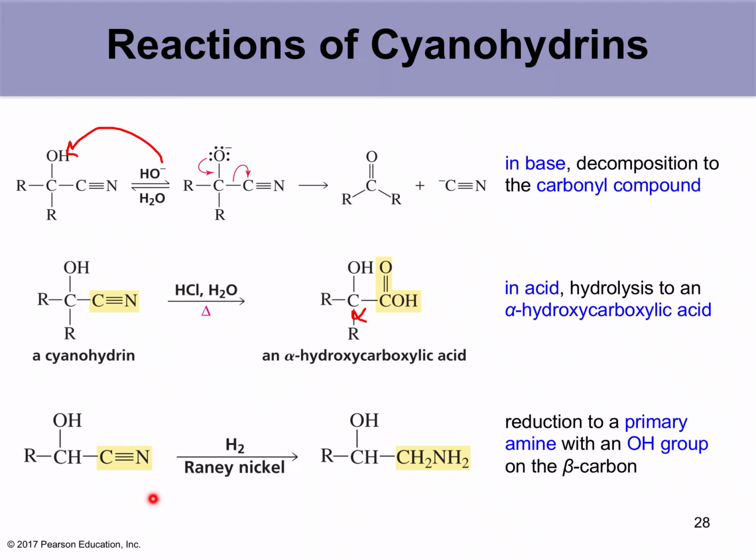And for the same cyanohydrin, you add hydrogen with Raney nickel. This is a hydrogenating agent, so that will give hydrogens to carbon and nitrogen, giving you a primary amine. So reduction gives a primary amine with an alcohol group on the beta carbon, a beta hydroxyamine.